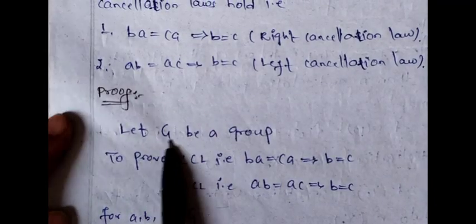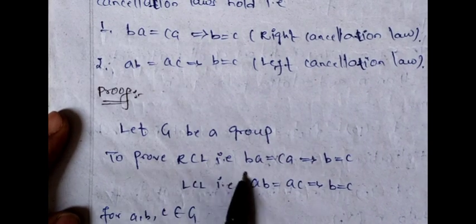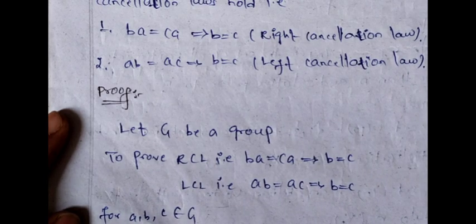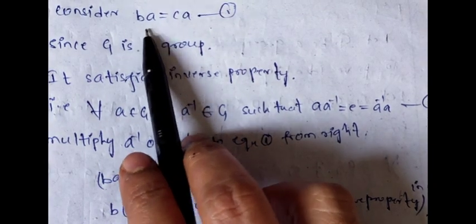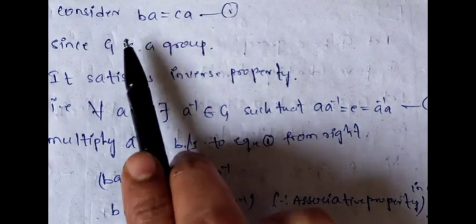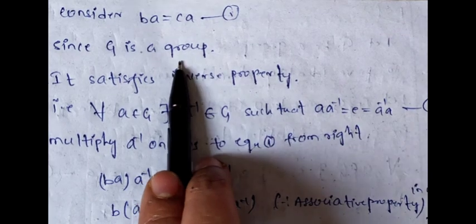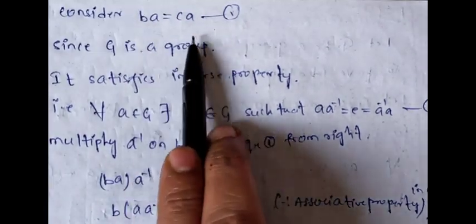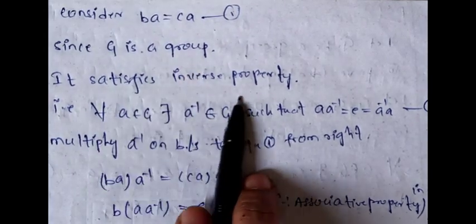Here G is the group we are considering, and we have to prove the right cancellation law and the left cancellation law. For this, take 3 elements A, B, C from G. Now to prove the right cancellation law, we consider BA equals CA and we need to prove B equals C. G is a group, which means it satisfies 4 properties, including the inverse property.